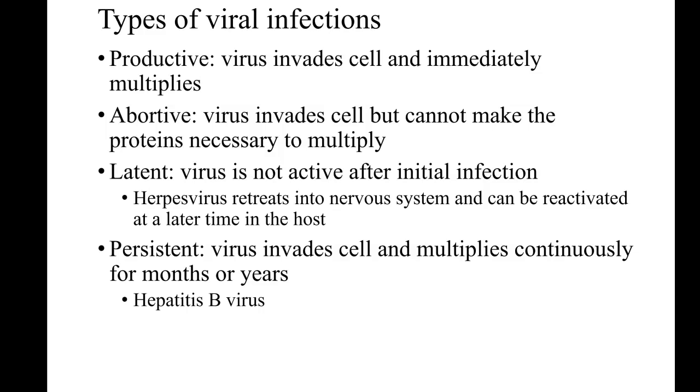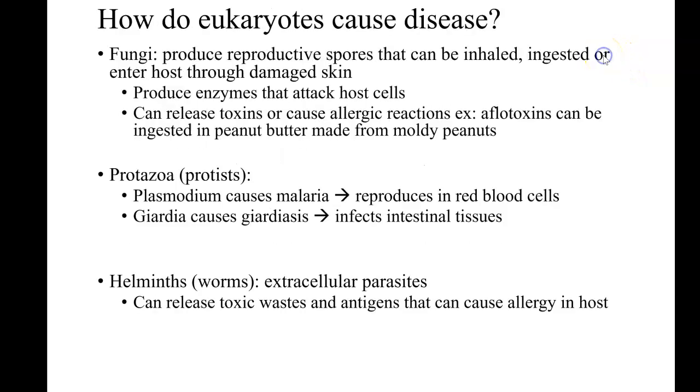For example, if the host is immunocompromised, that virus can later reactivate and come back out. A persistent viral infection, this is something that can last for years and years. So, something like hepatitis B virus, where that virus just continues to invade and multiplies continuously.